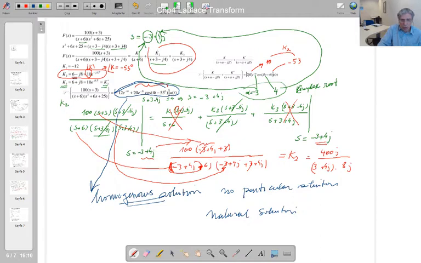Since there is no independent source function, there is no particular solution. So how can we get a solution like that without any independent source? What is left is the energy source coming from the initial conditions.